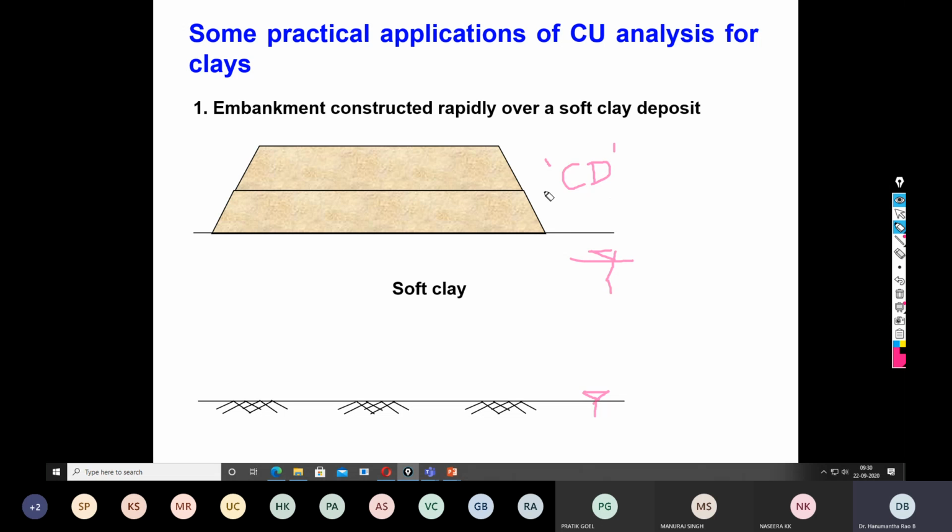So we assumed the condition of consolidated drained. But during the rainy season, the water level rose from far below to almost near the surface. Now what is the condition of the soil when there was water? Is it still consolidated drained, or is it CU, or is it UU?